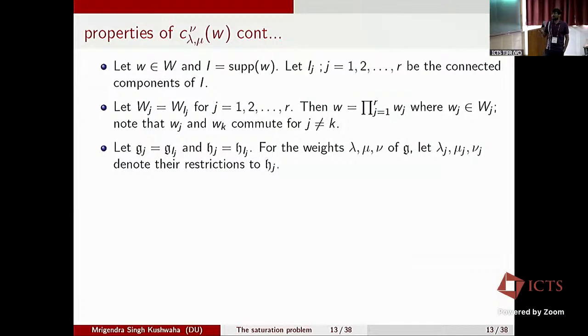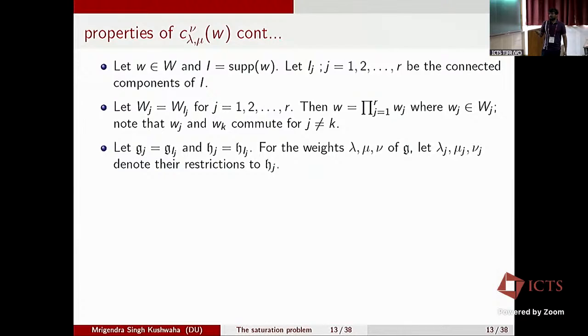Now we can notice one more property of this C lambda mu W. If W is a Weyl group element, I is its support, and now I break this I into the connected components of I, and let Wj denote the corresponding part, then I can write W as a product of these little Wj, where each Wj comes from the Weyl group of Gj, and these all commute because they come from different connected components.